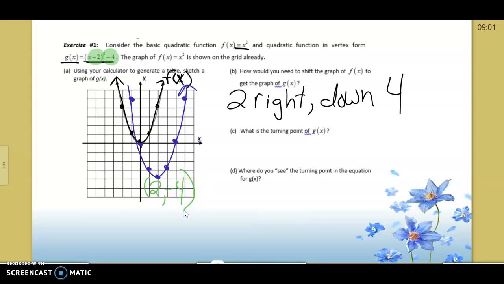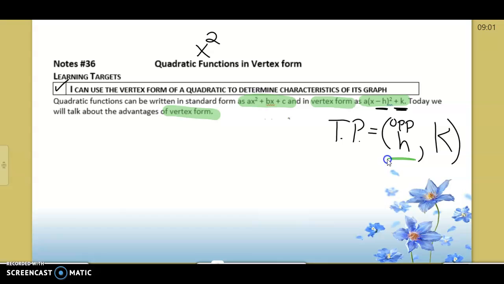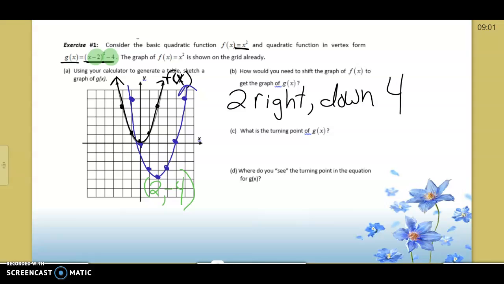And remember what we said from the very beginning, that it's going to be the opposite of this number and the same as this number. So it went from a -2 in parentheses to a +2 as the point. The -4 stayed the same. So your TP is simply going to be 2, -4.